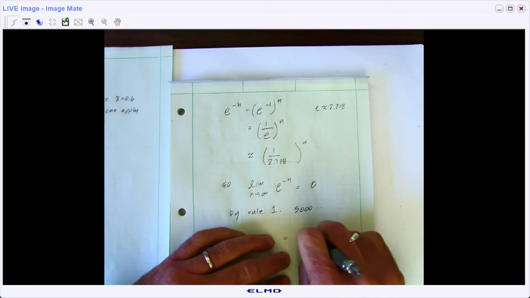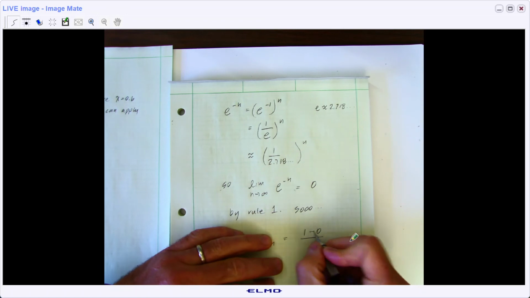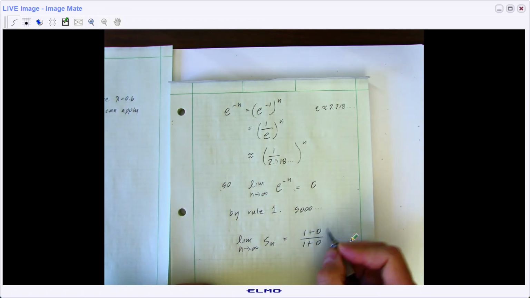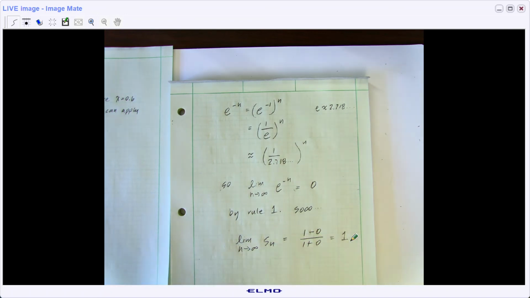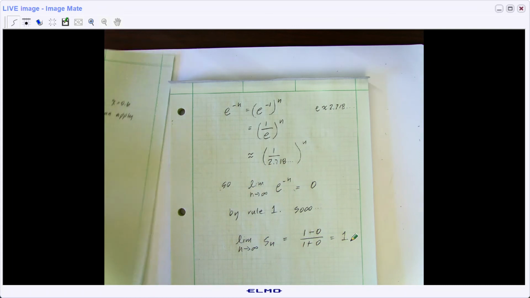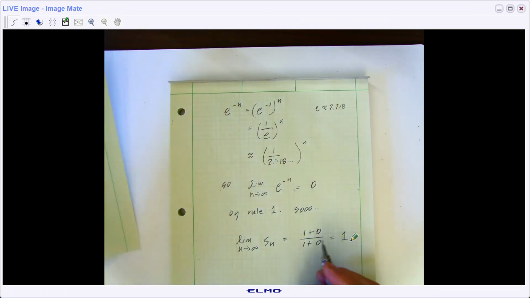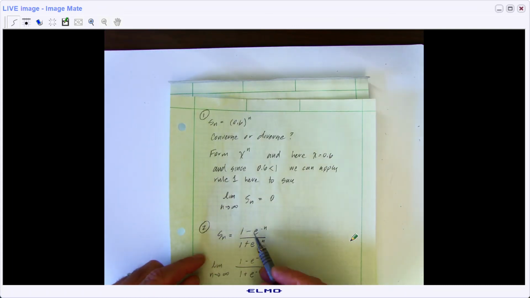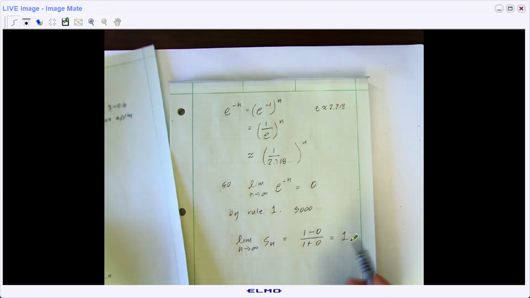There's a minus on top. Over 1 plus 0, which is just equal to 1. So that's kind of interesting, in a different setting, but apparently this particular sequence should settle out at 1.